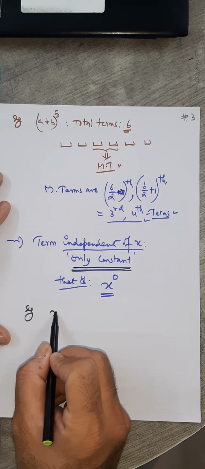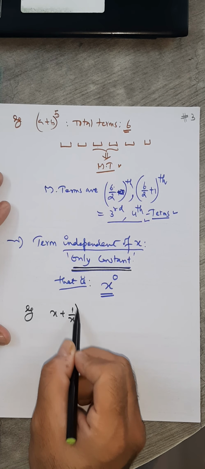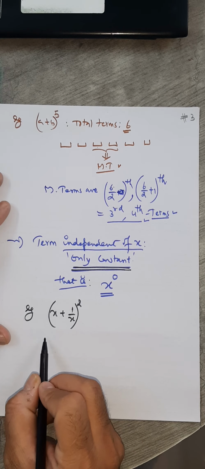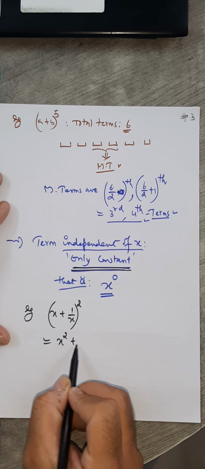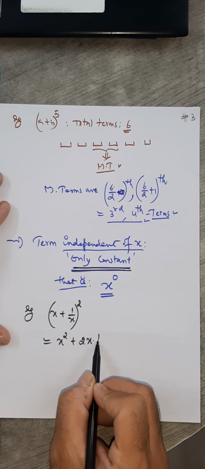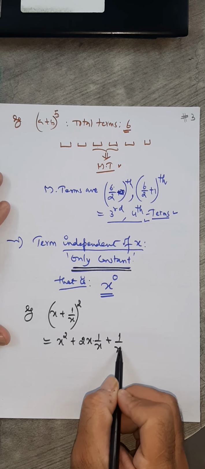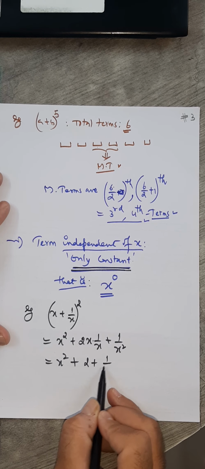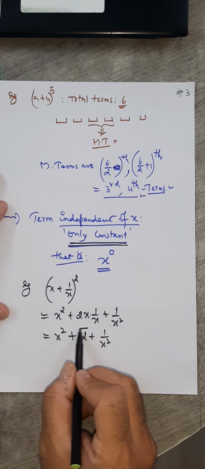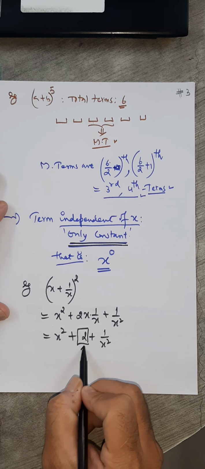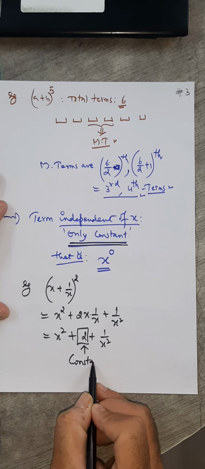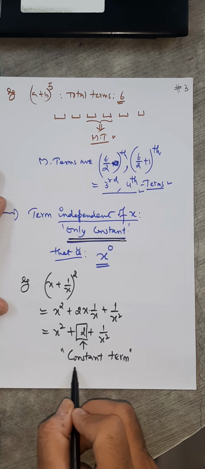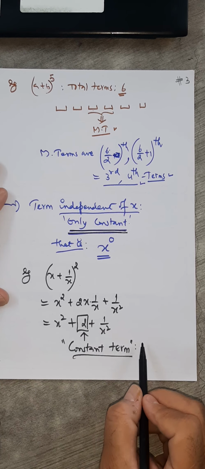For example, if I expand this, x plus 1 upon x the whole square, you can do it directly. The expansion is x squared plus 2 into x into 1 upon x plus 1 by x squared, so x squared plus 2 plus 1 upon x squared. You see, this term doesn't involve the variable x, so this is called constant term. There the power of variable x is 0.